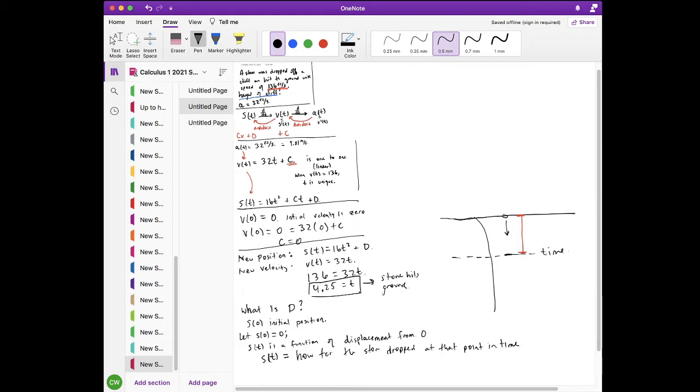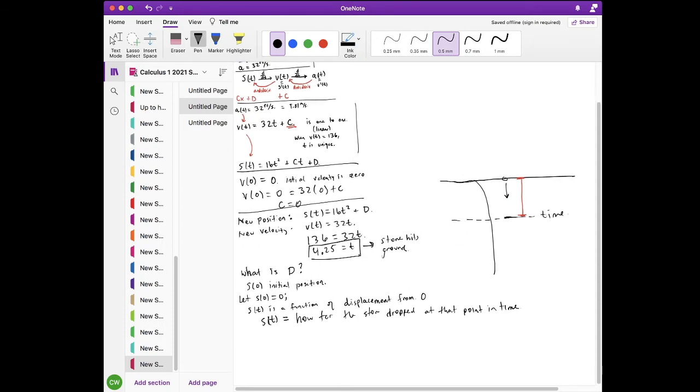Okay, so how do you find the height of the cliff then? If s of t measures how far the stone dropped at some point in time, what is the height of the cliff? Oh yeah, so first, if we let s of 0 equal 0, then d is equal to 0.